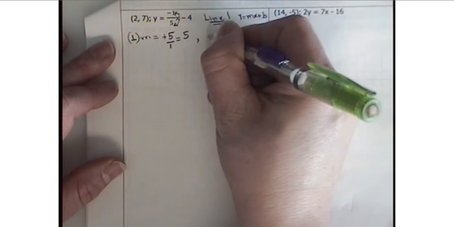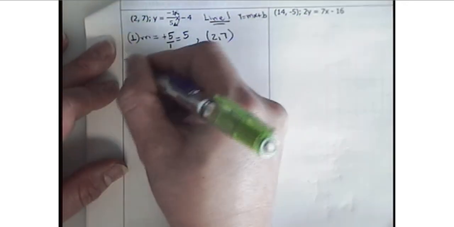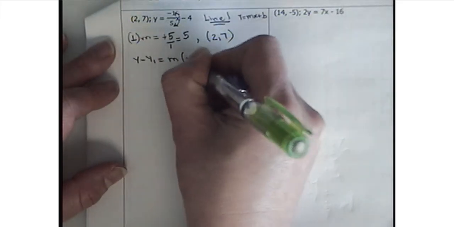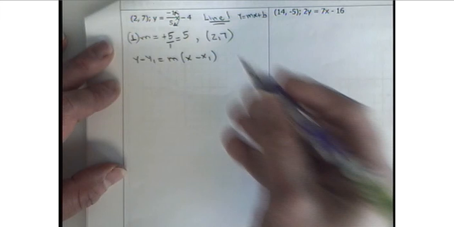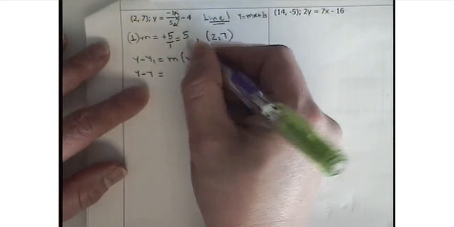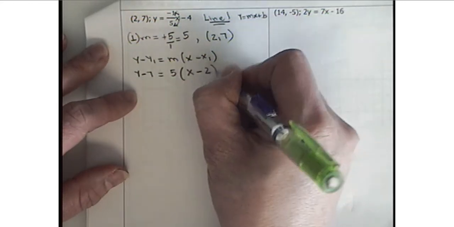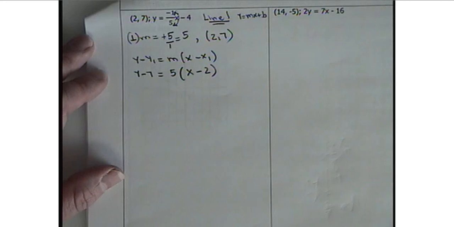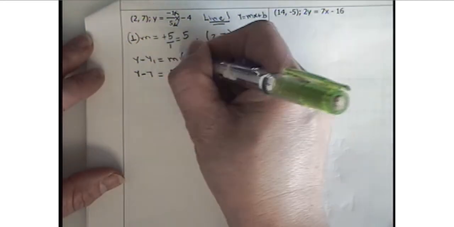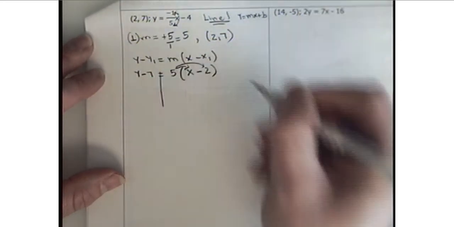Next, we have this given point, 2 and 7. And we will start with y minus y1 equals m times x minus x1. So y minus 7 equals the slope, which is 5 here, times x minus 2. x1 will be 2. Once you have your information, the slope and the coordinates of the point, and you substitute into the equation, the next step will be to apply the distributive property.